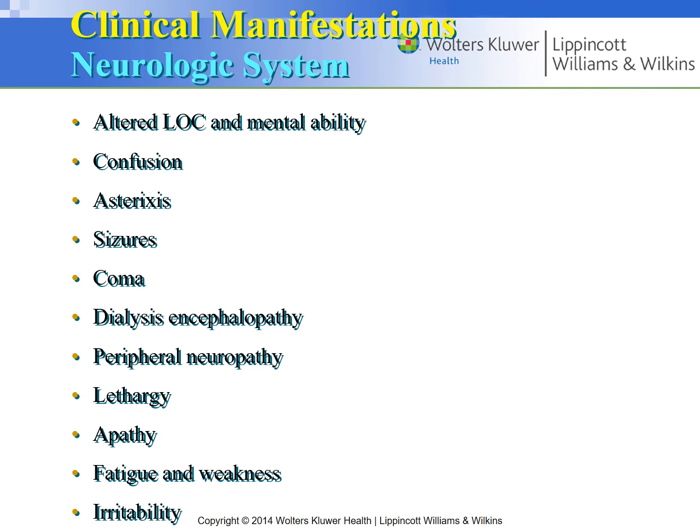Neurologically, lots of issues can occur: level of consciousness and mental ability, the ability to stay focused and concentrate. Confusion. Asterixis is an abnormal muscle tremor consisting of an involuntary jerking movement, especially of the hands, but it can be of the tongue or muscle groups like the foot.